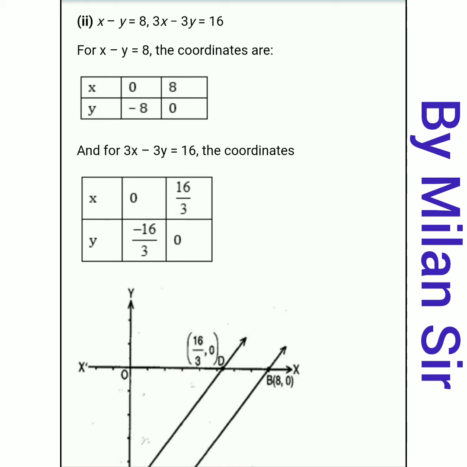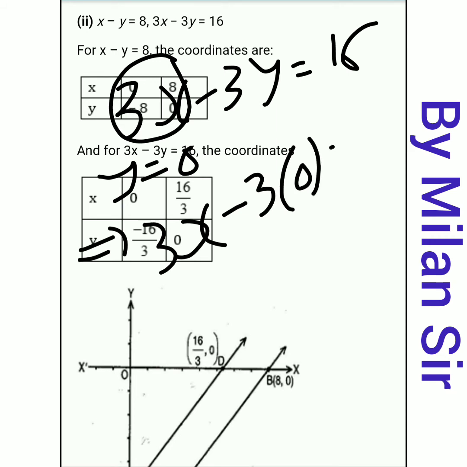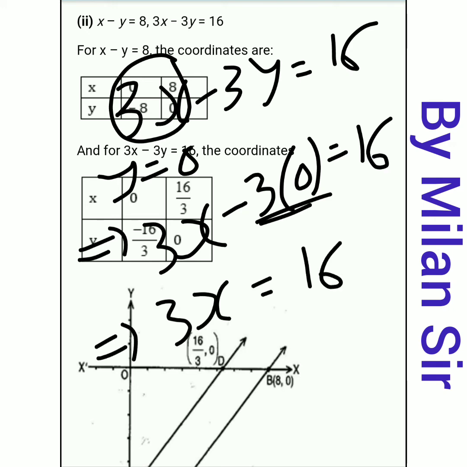Now it's time for the second point of the second equation. Again 3x minus 3y is equal to 16. This time put y equal to 0. So 3x as it is, then minus 3 into y, 0, is equal to 16. 3 into 0 is 0, so we ignore it. So we get 3x equal to 16.